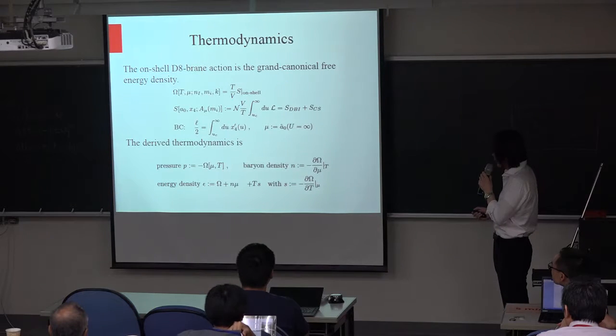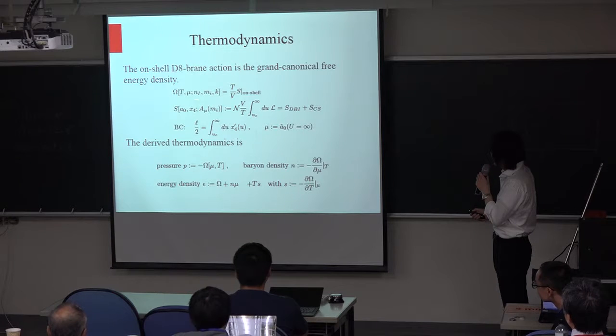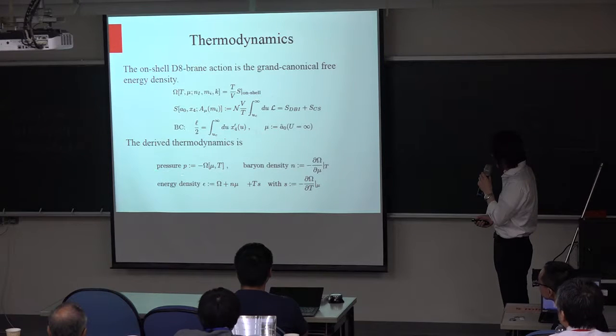And so the thermodynamics of our method is that this omega is the free energy density, and so the pressure could be minus omega, and the baryon density and energy density could all be functions of them.